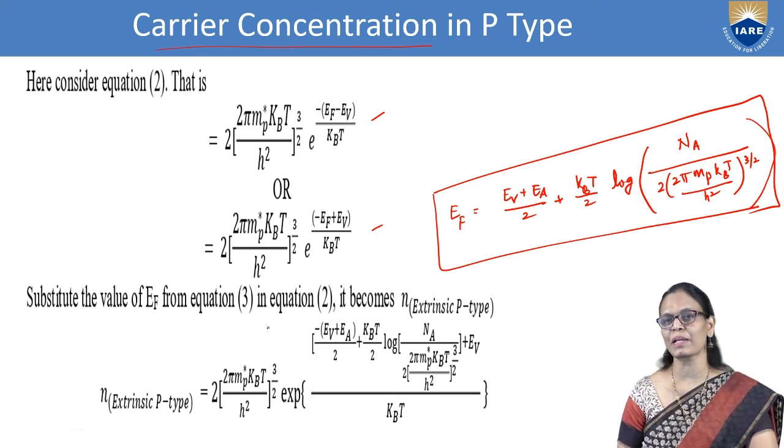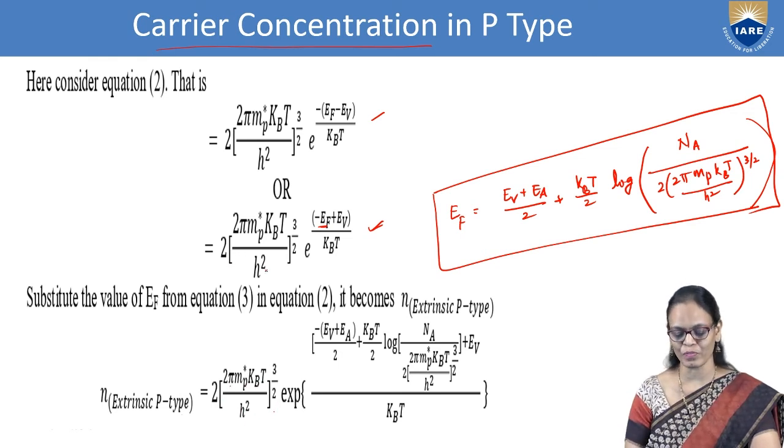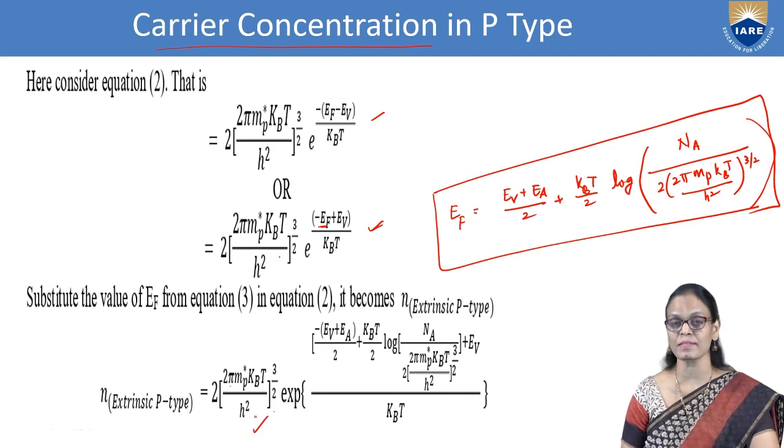Now, at any temperature you take, if you have to find the carrier concentration, what do we have to do? We have to substitute this value of EF in this expression. In this EF, we need to substitute this expression. So, N extrinsic P type will be given by 2 into 2 pi mp kBT by h square power 3 by 2. We are writing this term as it is.